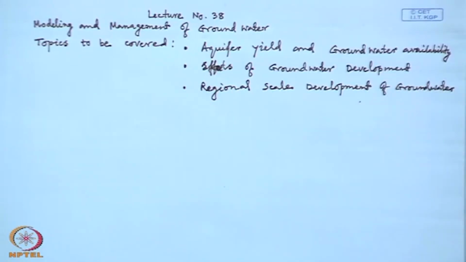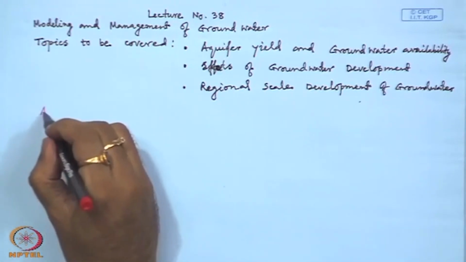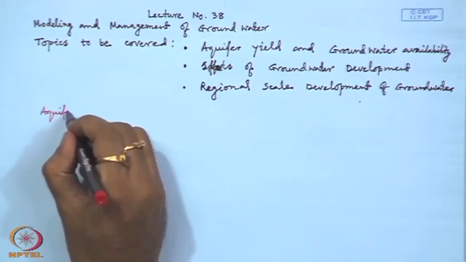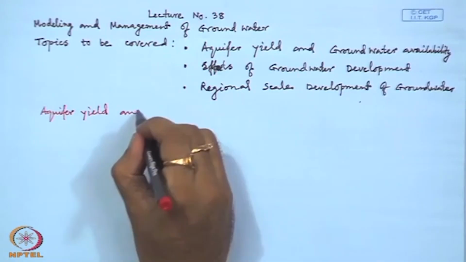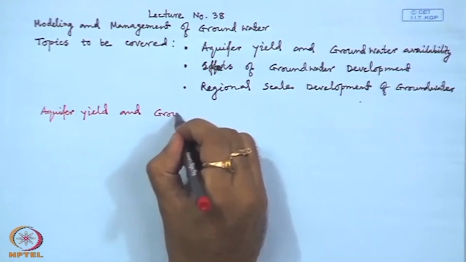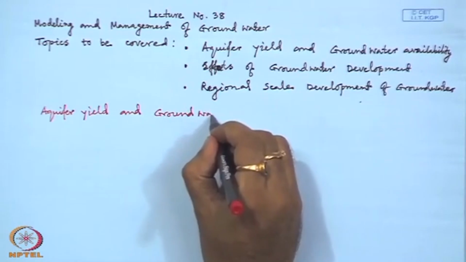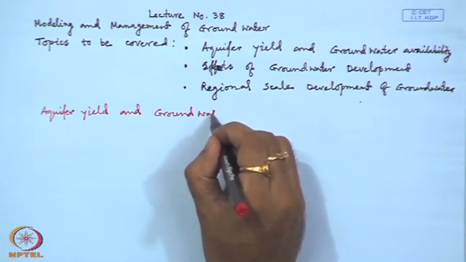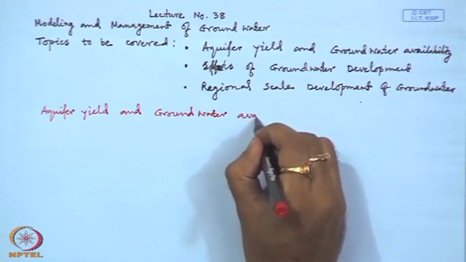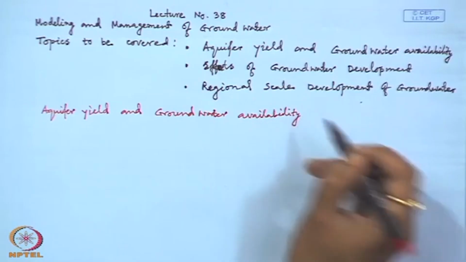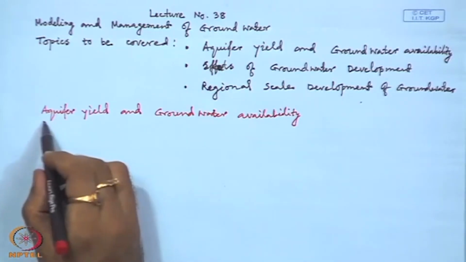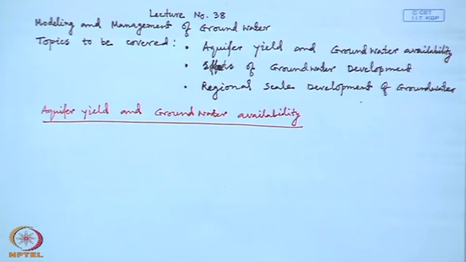So, first topic is aquifer yield and groundwater availability. In this particular topic we will try to see what is this groundwater.